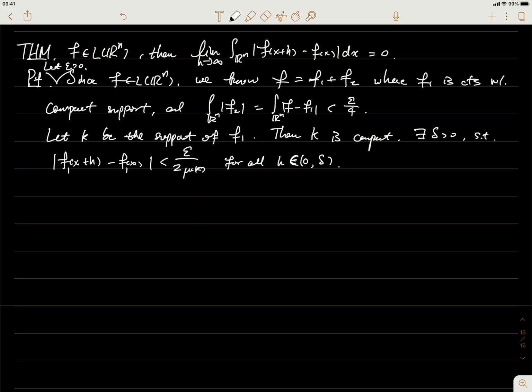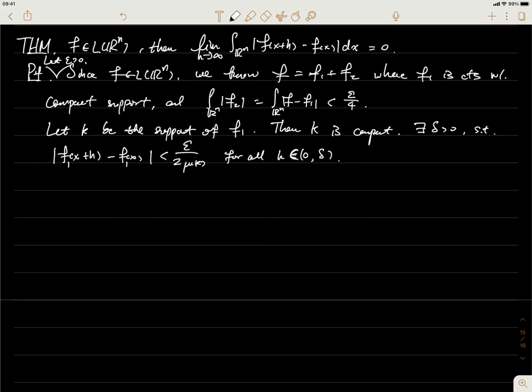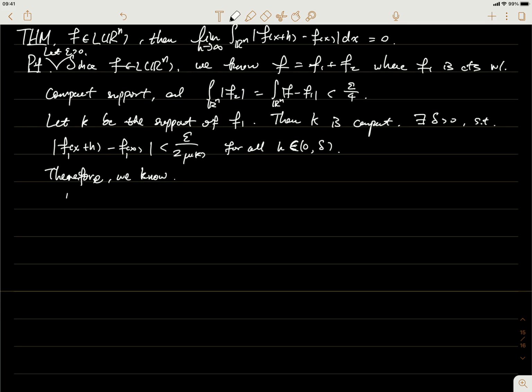All right, so given this, we can show that the integral of f1(x+h) minus f1(x) is equal to the integral on k, because f1 is supported on k.